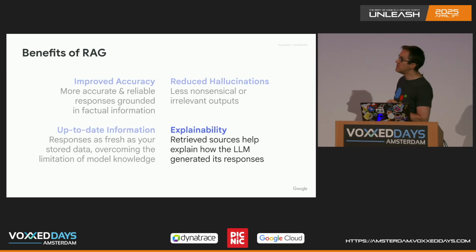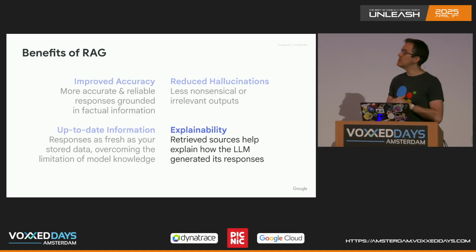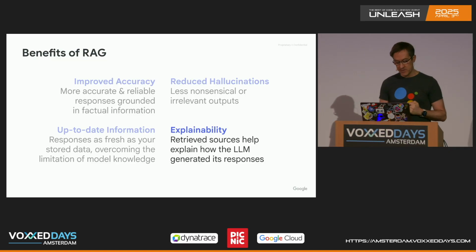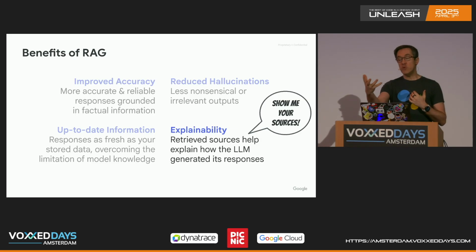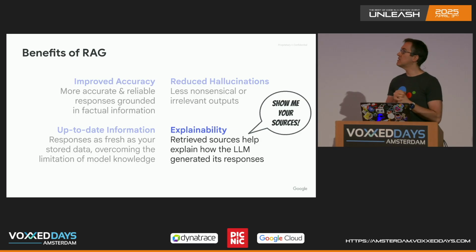The other benefit, maybe something we don't mention enough when we speak about RAG, but for me that's the explainability aspect. Since we retrieved relevant extracts of documents, we can also show in the UI that we found the information in this document and this document.